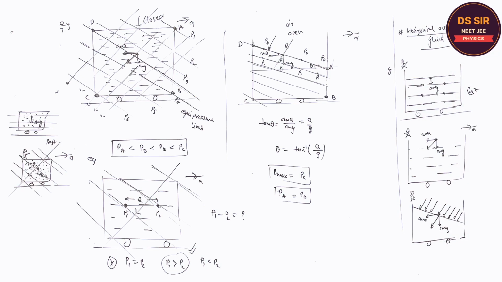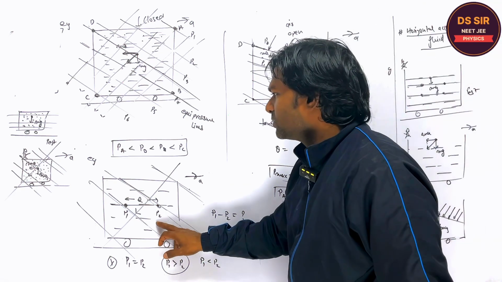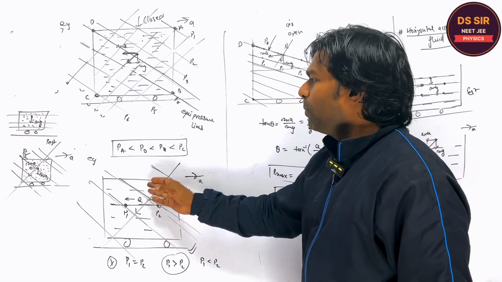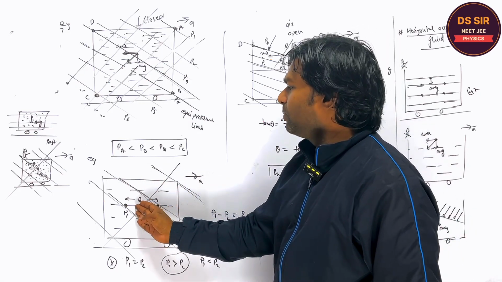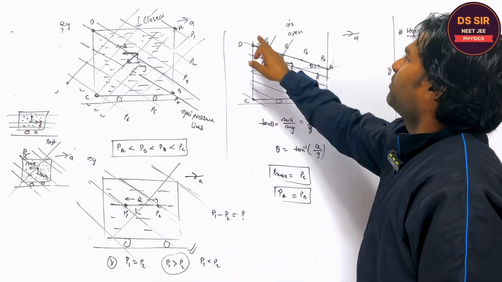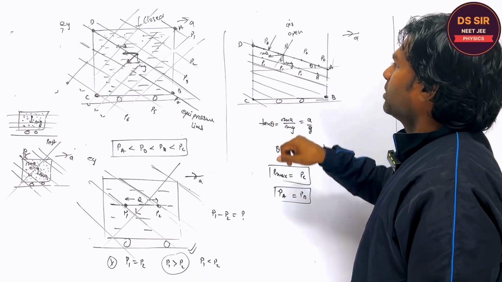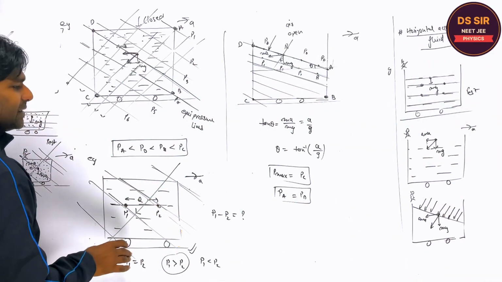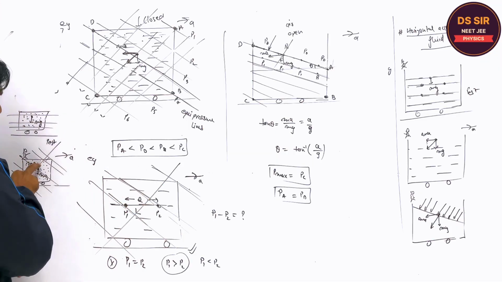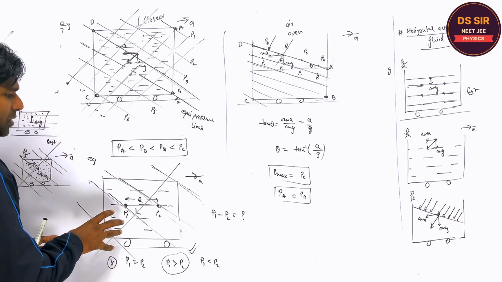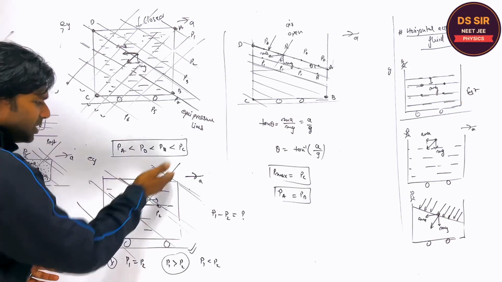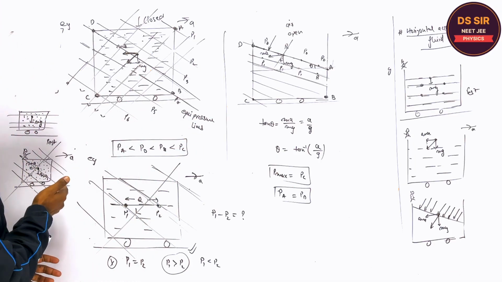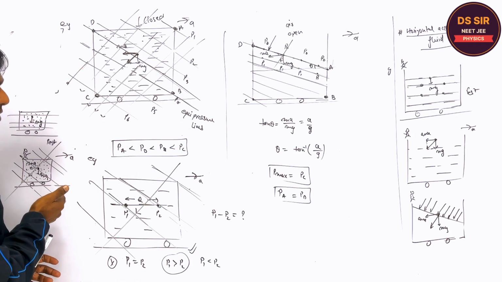Copy this. In the example you gave, if the container is open, then the water will become like this. If it is open, will P2 be greater than P1? No, it's still the same. Whether it is open or closed, it is accelerating and the net force is still acting in this way. Is it clear or not?